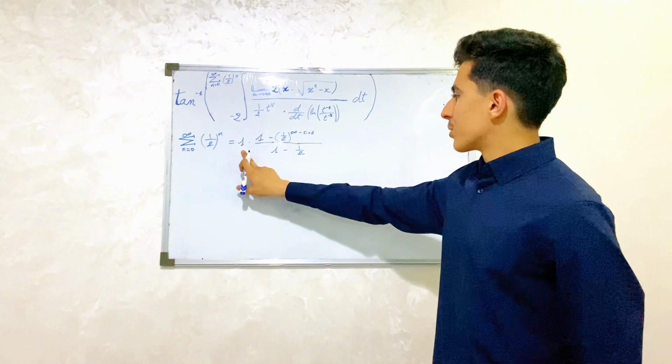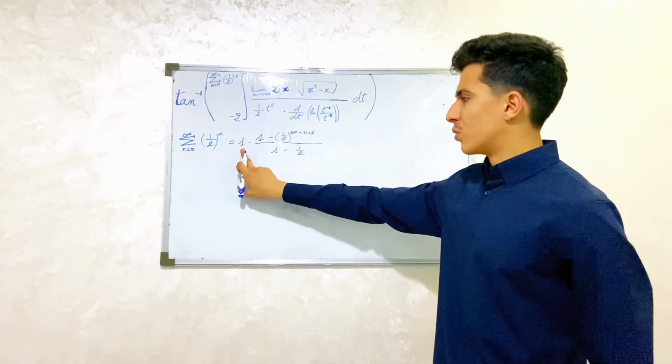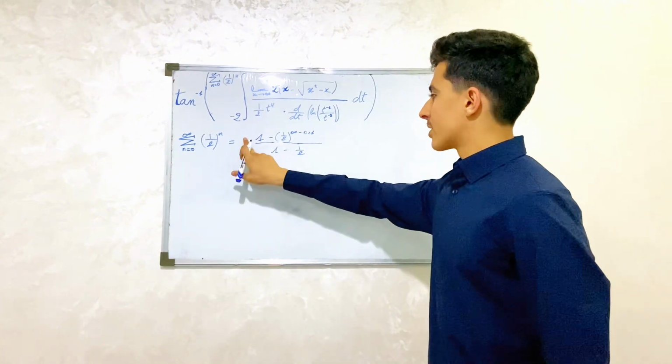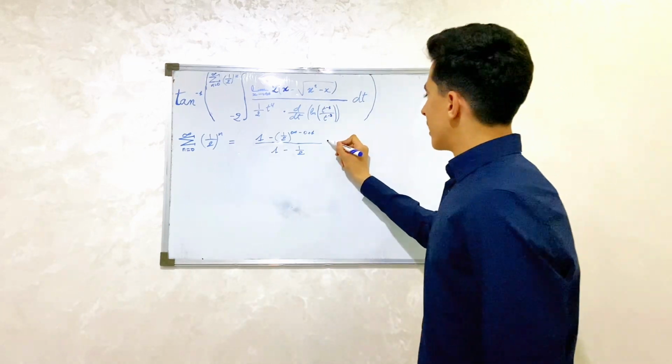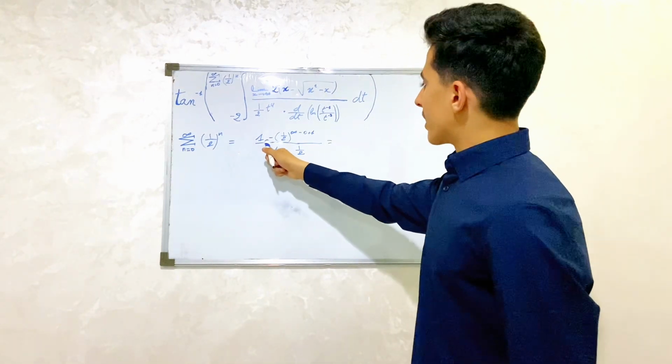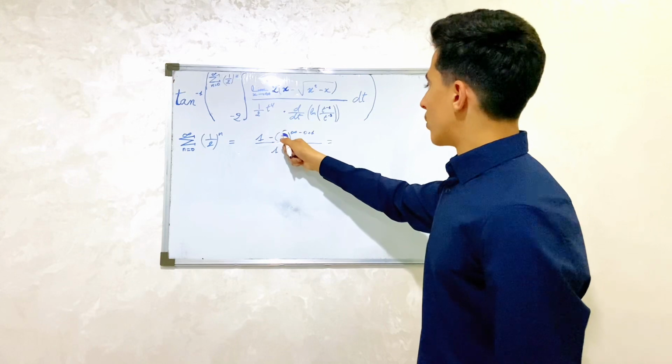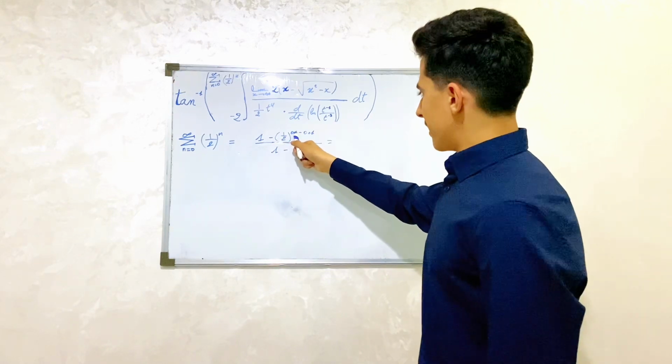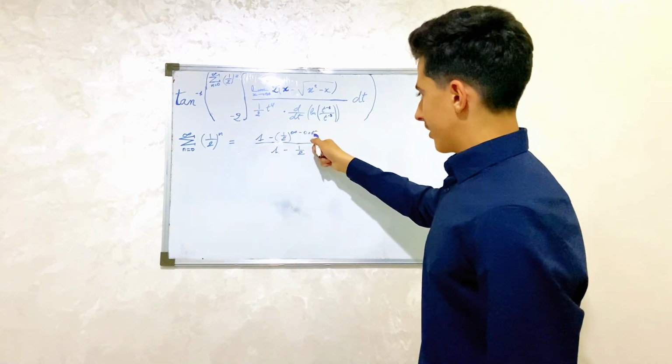Here we are multiplying by 1, meaning that it won't change anything, so you can just get rid of it. And here we have 1 minus 1 over 2 to the positive infinity plus 1.